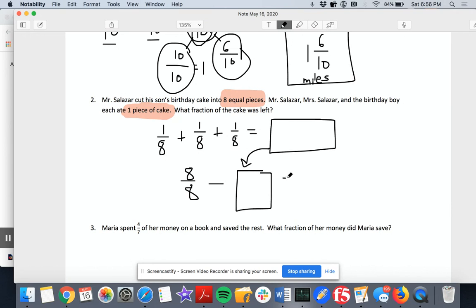And I know that my total number of cakes, which is 1 in fraction format, is just 8 over 8. So go ahead and solve using that method.